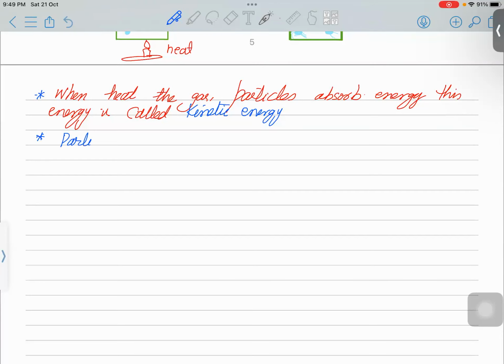Second point. Particles move faster. Particles collide with each other rapidly.